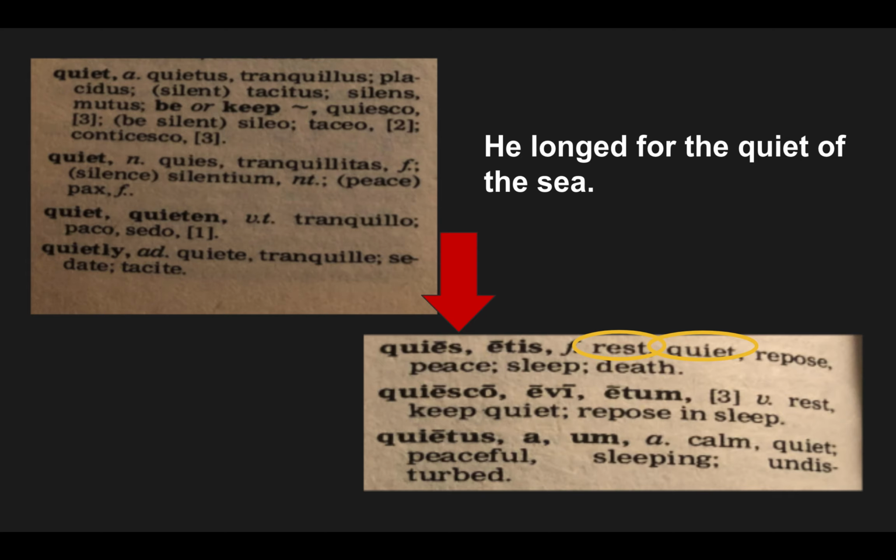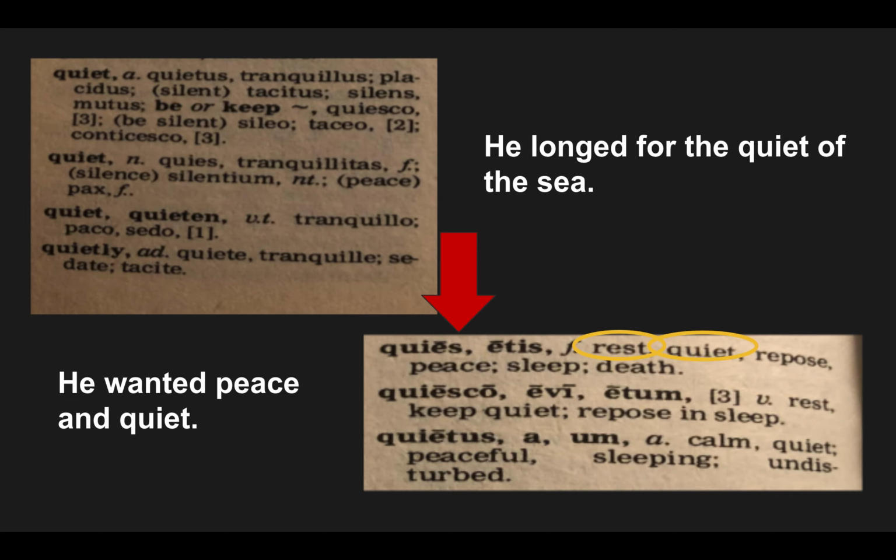Well, I don't know that the sea would really be super restful or necessarily quiet, meaning the absence of sound. So I maybe think, hey, this form of quiet might be better used for a sentence like he wanted peace and quiet. So this might not be the quiet that I want.